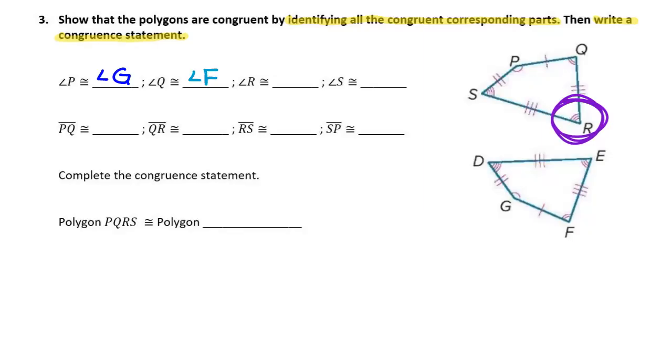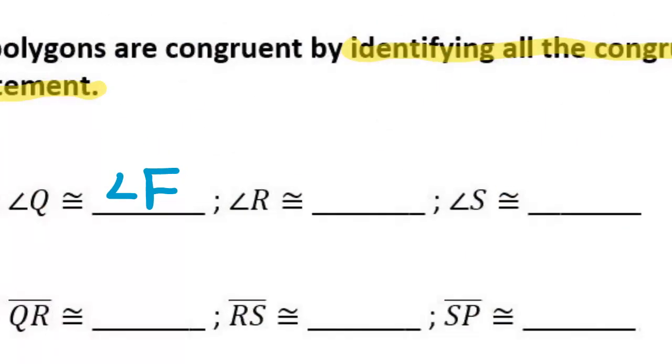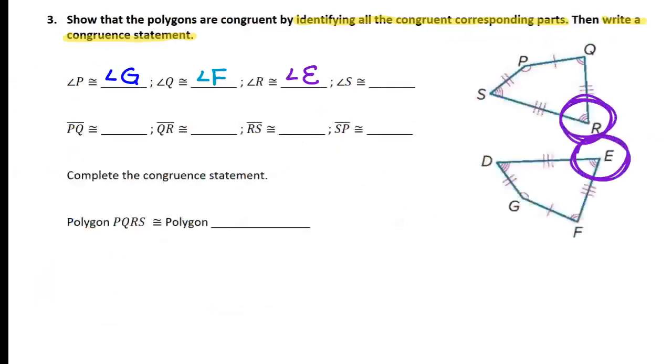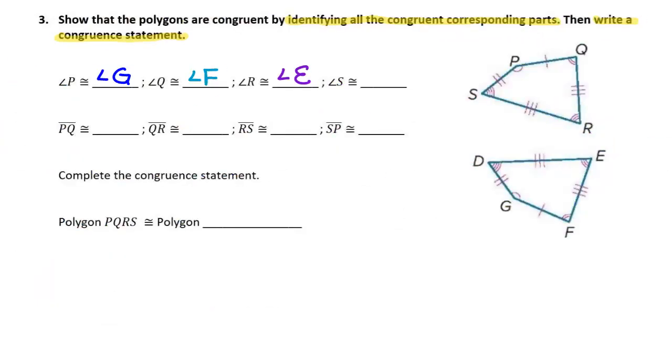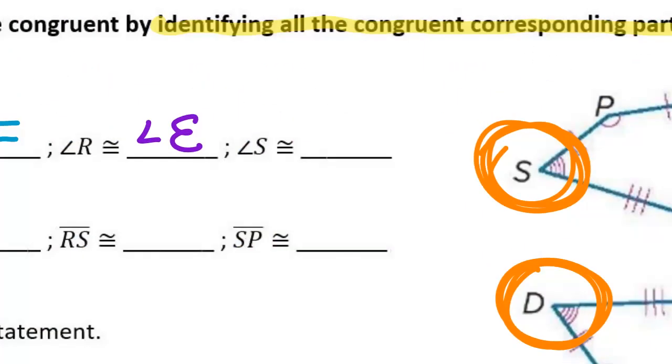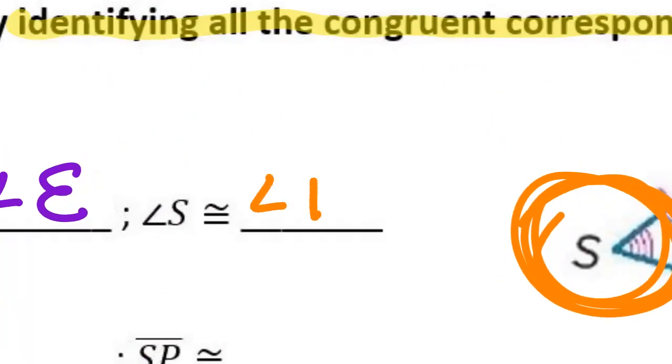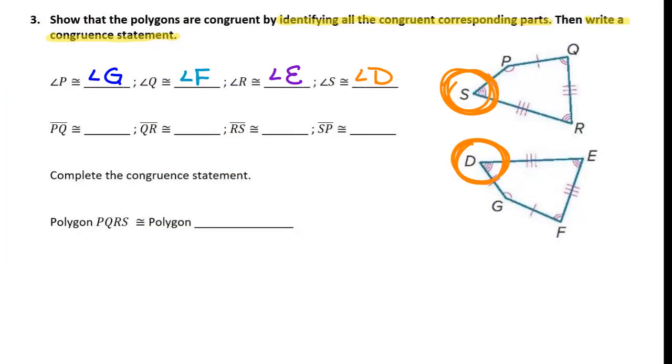Angle E. Three arc marks, three arc marks. And then what angle is congruent to angle S? D. Right down here, angle D. Four arc marks, four arc marks. So those are my corresponding congruent angles.